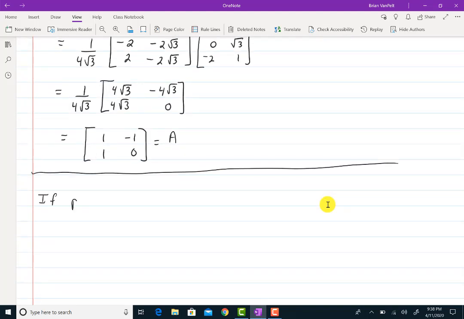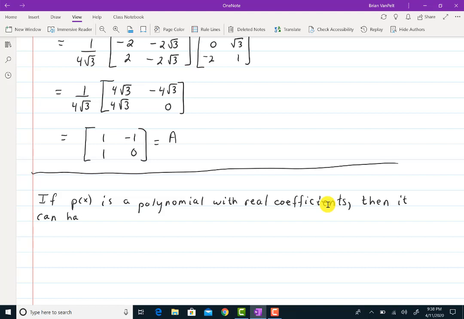Now, I sort of mentioned, if P of x is a polynomial with real coefficients, then it can have non-real zeros, as we've seen.